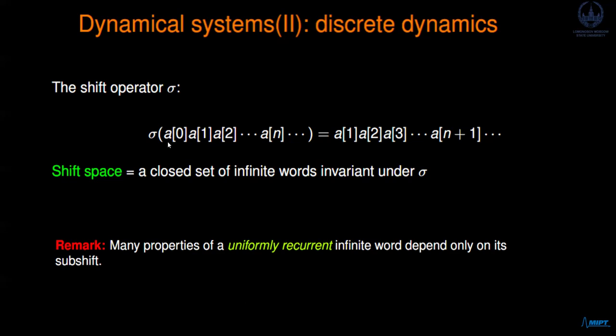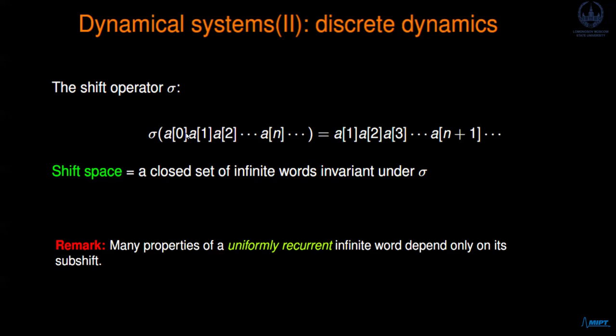So you see, this means position 0, position 1, position 2, and so on. So position 0 of the word a, and so on. Actually, in combinatorics on words, the word starts at position 0.